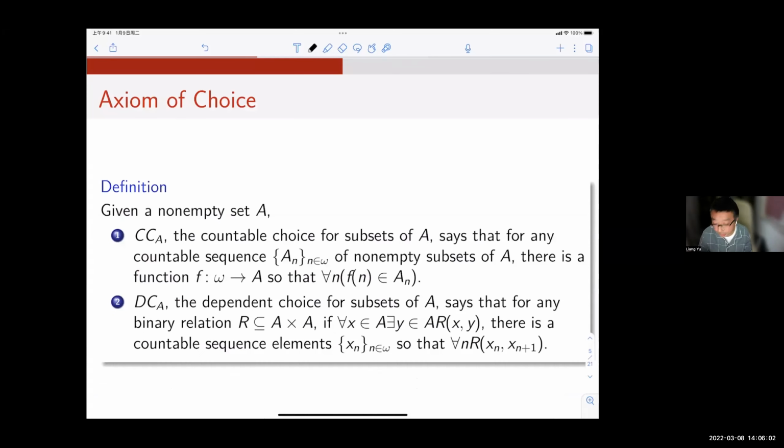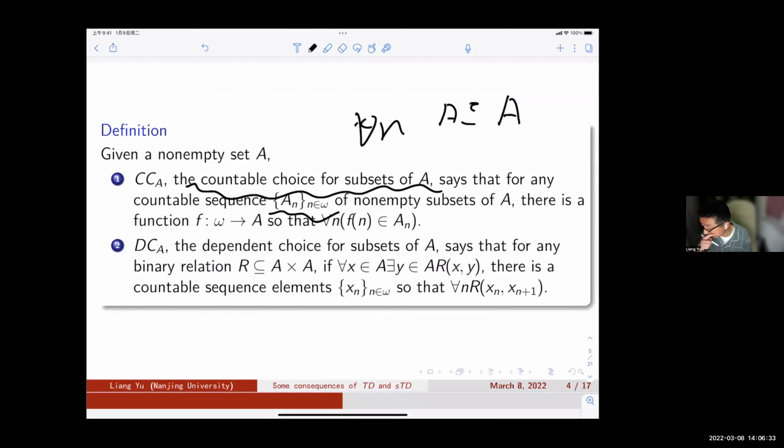Let's review some axioms of choice. Given a non-empty set A, let CC_A be countable choice for subsets of A. It says that for any countable sequence A_n of non-empty subsets of A, there is a function f from omega to A such that for any n, f(n) picks an element from A_n. And DC_A, dependent choice for subsets of A, says that for any binary relation R over A, if for any X there is Y in A with R(X,Y), then there is a countable sequence X_n such that for any n, R(X_n, X_{n+1}).